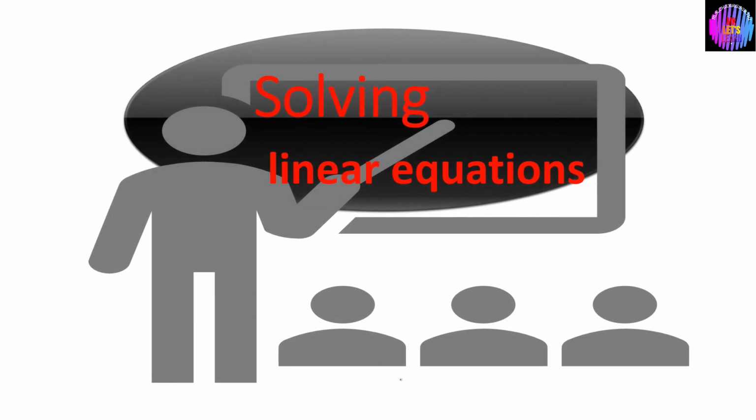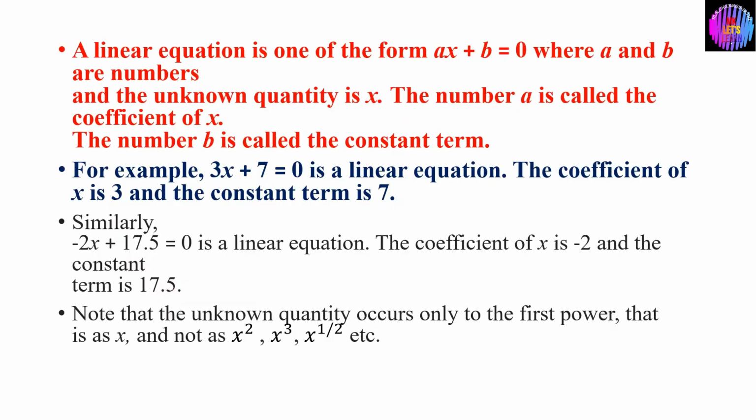Now we are going to learn how to solve linear equations. Again, come back to the previous topic. A linear equation is one of the form ax plus b is equal to 0, where a and b are numbers and the unknown quantity is x.